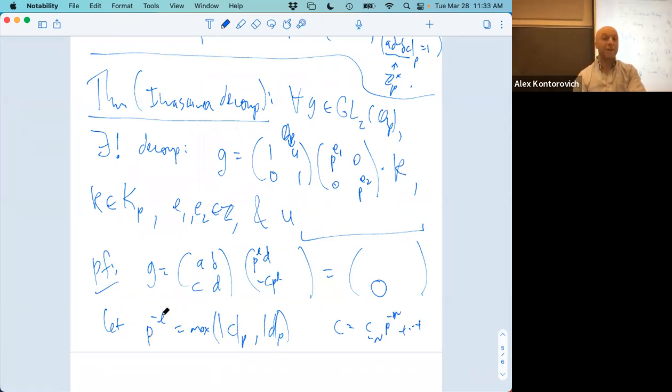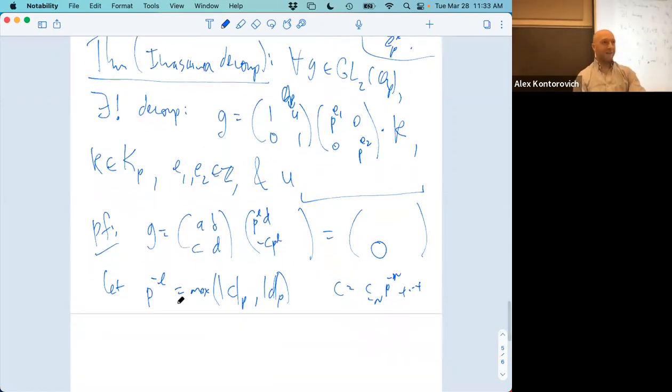So P to the minus L is the max of these. There's an N for C and then there's an N for D, and I'll call that L. So P to the L is the maximum, so that when I multiply by P to the L, I get at least one of these to be absolute value 1, and the other one has absolute value less than or equal to 1.